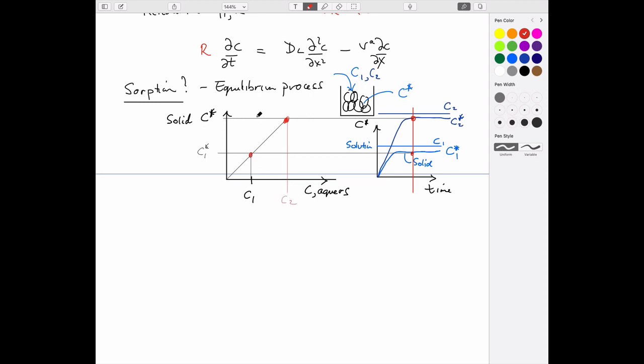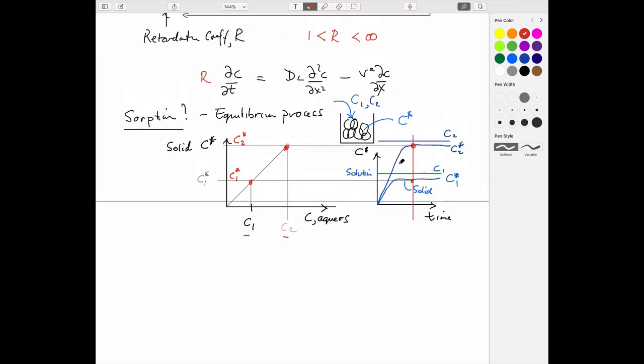And this would be C2 star, C1 star. So these are the original aqueous solutions. So these would be the flat lines here, nothing else.